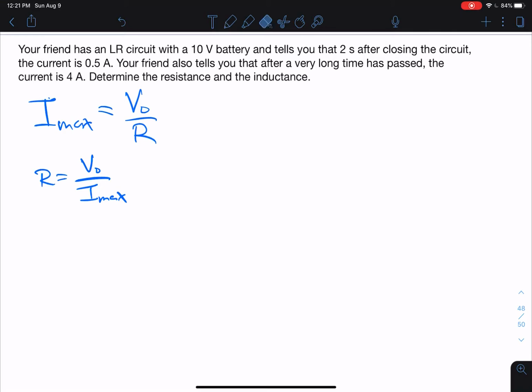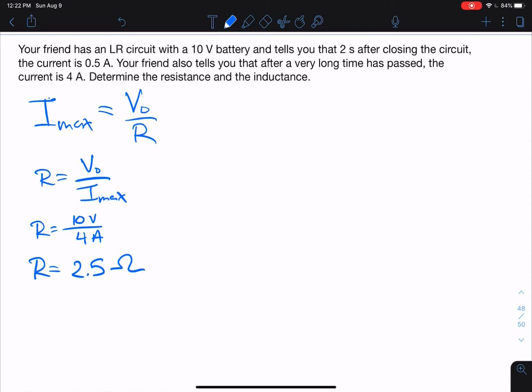That's 10. So I've got 10 volts divided by I max, which is 4 amps. And so that means that R is going to equal 2.5 ohms. So there's my resistance. Now I need to find out what the inductance is.